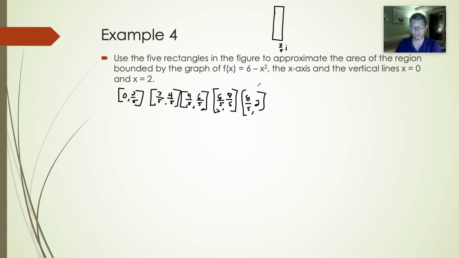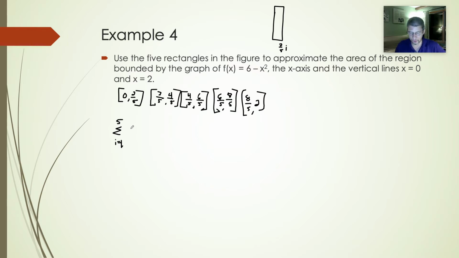That is the value of the endpoint for each of the rectangles for i equals 1, 2, 3, 4, and 5. What that means is that the sum of the areas of these rectangles is the summation, here's my summation sign, i equals 1 to 5.